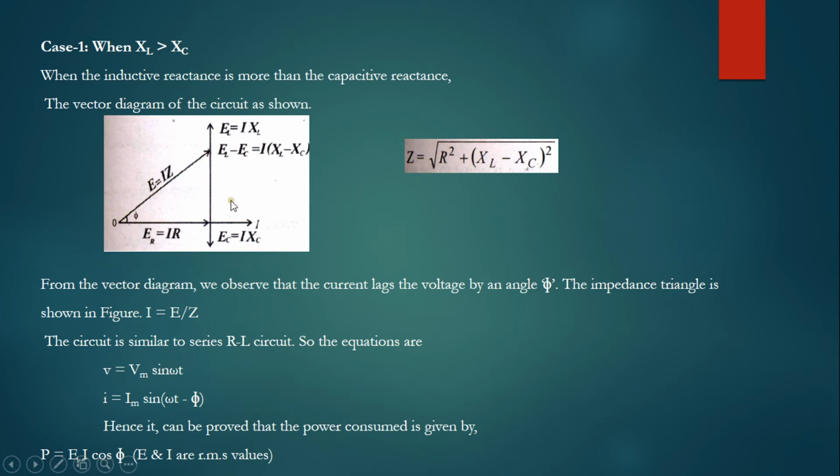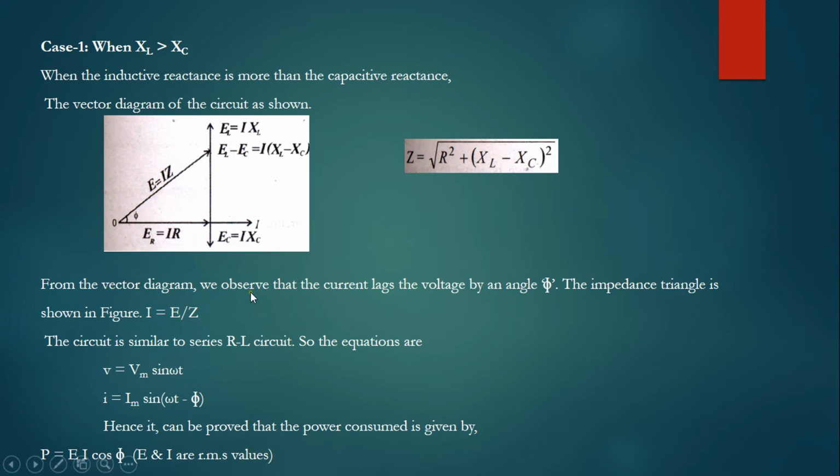You can observe here the resultant EL minus EC, which is equal to I into XL minus XC. So the whole circuit will become inductive. That means when the whole circuit becomes inductive, current lags behind the voltage by an angle phi. I cannot consider this exactly 90 degrees because it is not a pure inductive circuit.